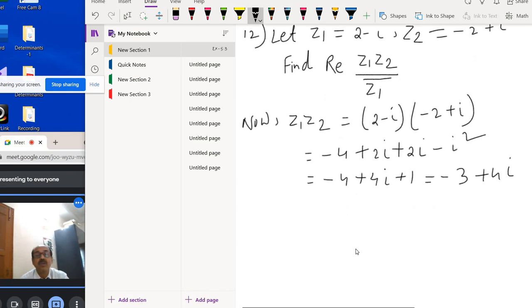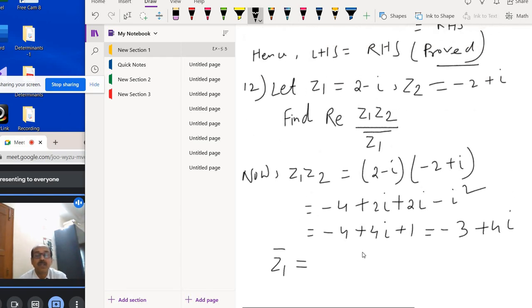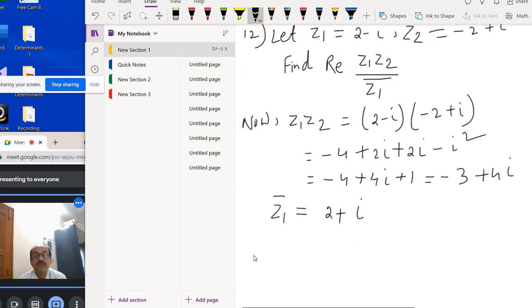Now real of z1 z2 divided by z1 bar. Okay, so write z1 bar. First to find what is z1 bar. So 2 plus i, yes, conjugate. 2 plus i. Okay, now z1 z2 by z1 bar, okay, this is the question.